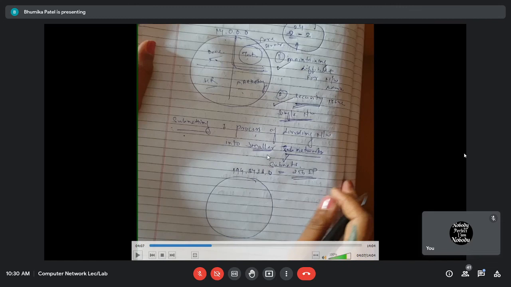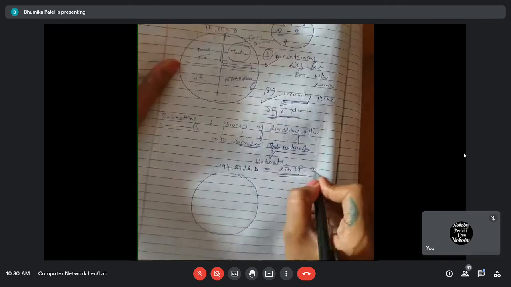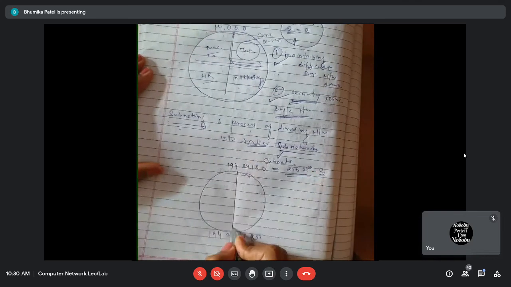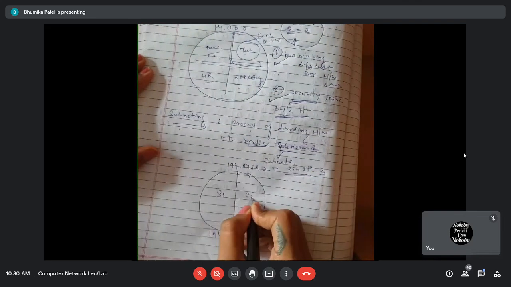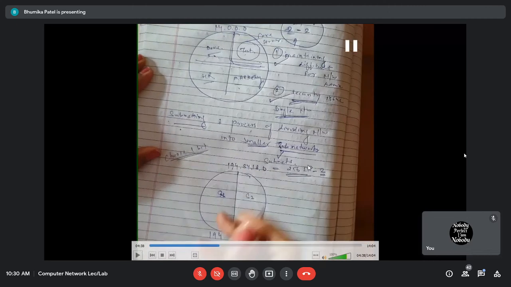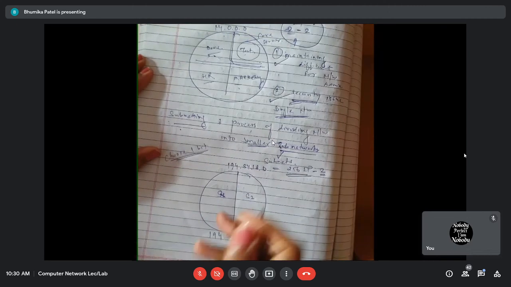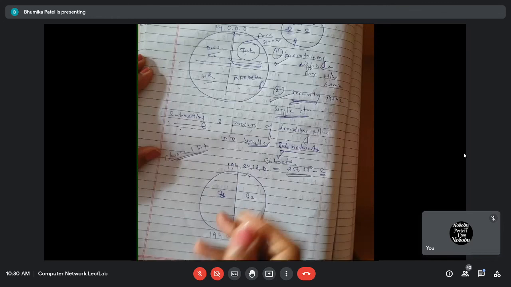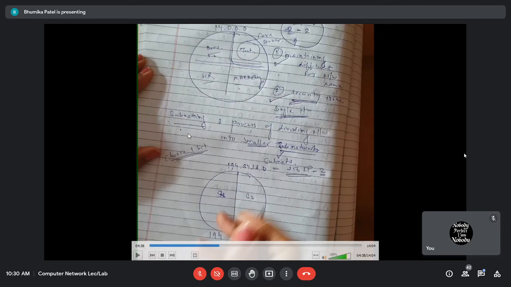Now, for example, I have divided my network into 2 parts. If I want to divide any network into two parts, how many bits will I choose? One bit. It was covered in the previous lecture that if I want to divide any block into two parts, I have to choose one bit, where the first bit will be 0 in the first part, and in the second part the initial bit will be 1.